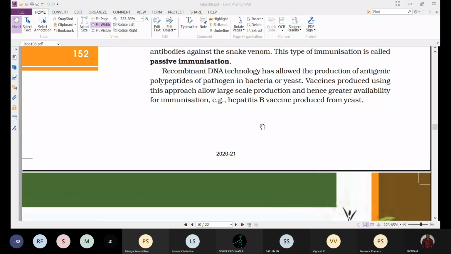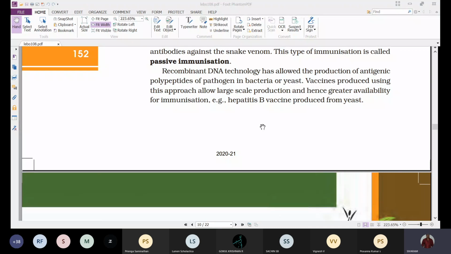Such vaccines we call recombinant vaccines or second generation vaccines. Remember, these vaccines which are produced by using biotechnological process or recombinant DNA technology, we call recombinant vaccines or second generation vaccines. Then what are the first generation vaccines?